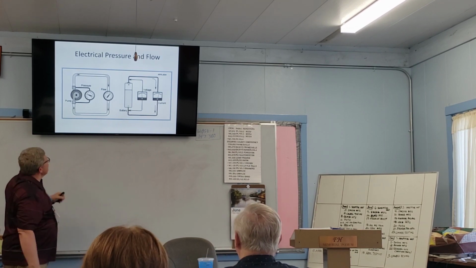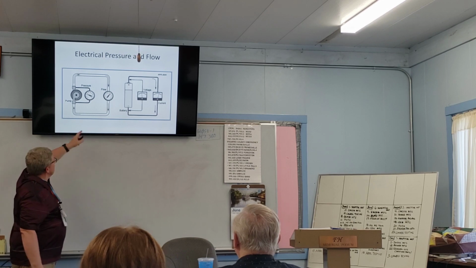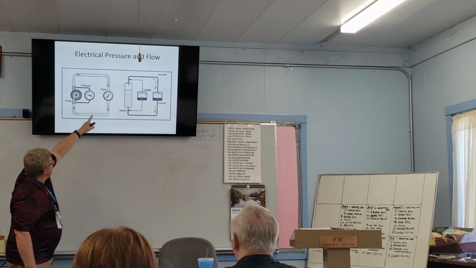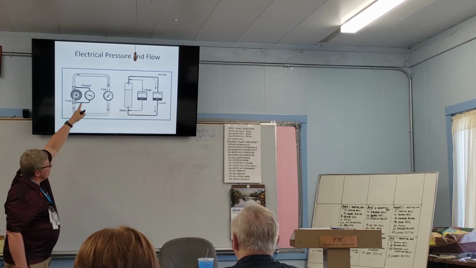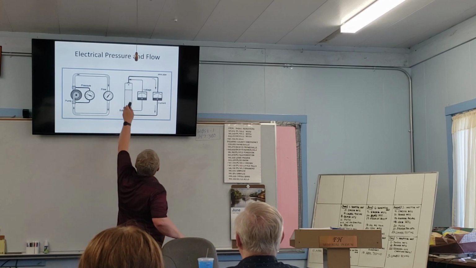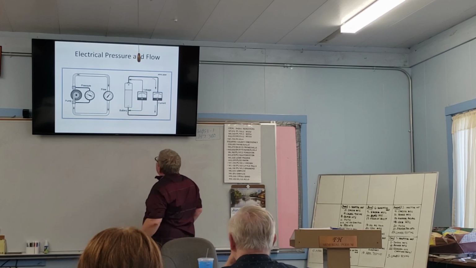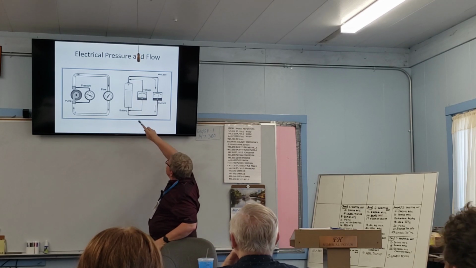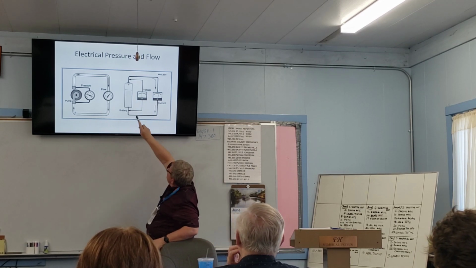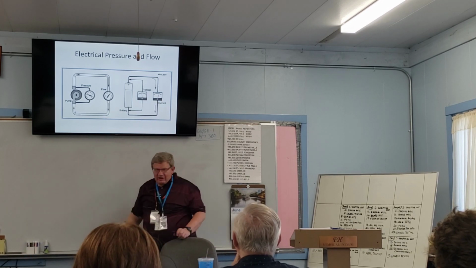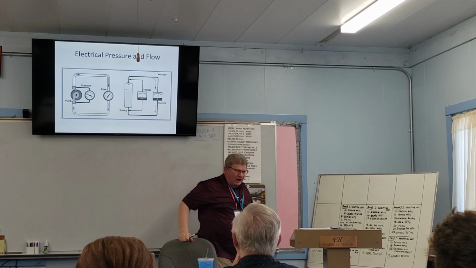It's pressure, and in this case it would be water, causing the water to flow around in a circle. Now when we come over here, we have a battery, and we're applying voltage. Out of that battery, we're getting current that's driving around and moving through that wire.